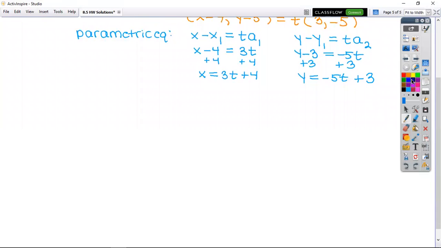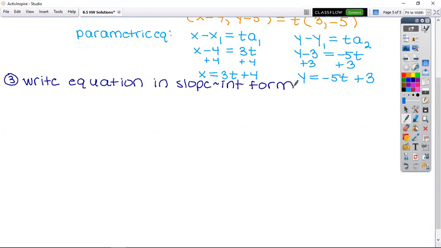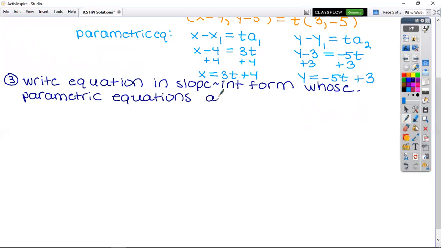The next thing I'm going to ask you to do is write an equation in slope-intercept form whose parametric equations are... I'm going to go down so I have a little bit more space.